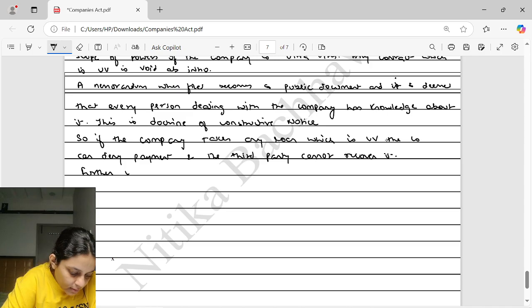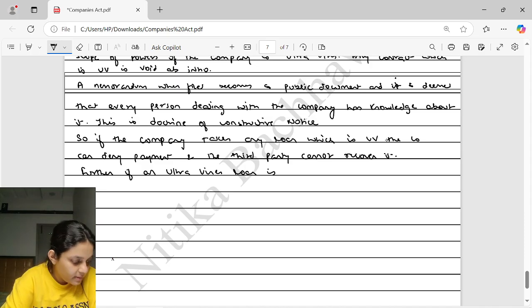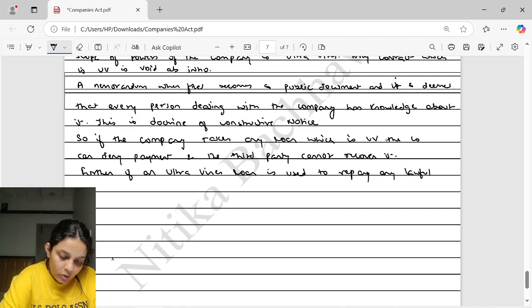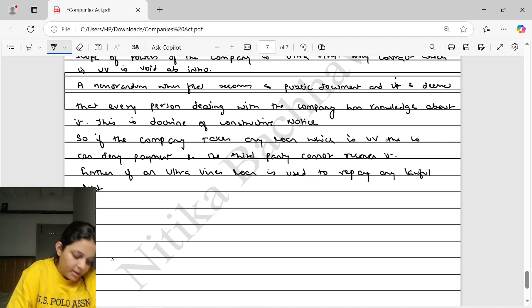Further, if an ultra vires loan is used to repay any lawful debt, right?